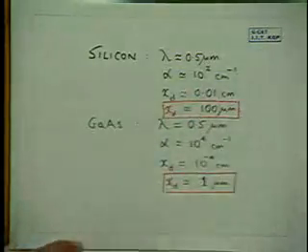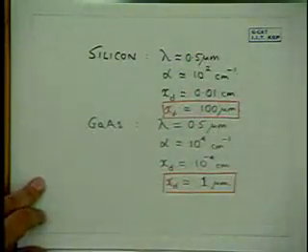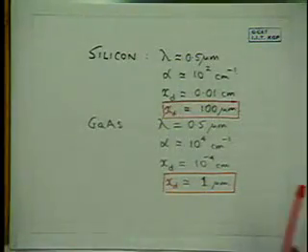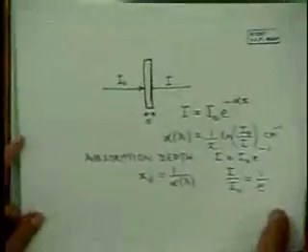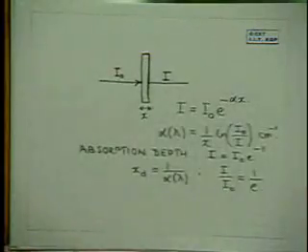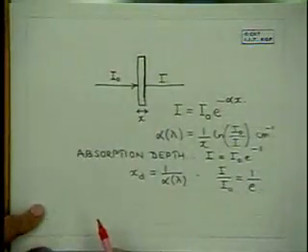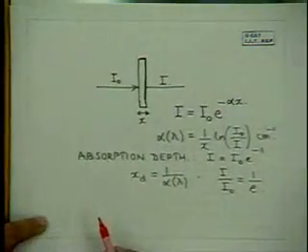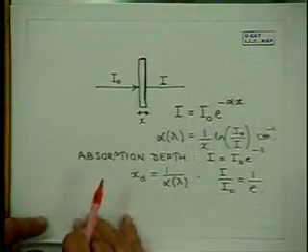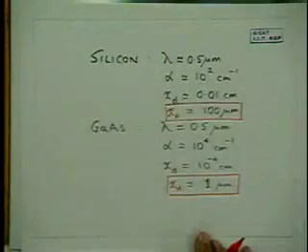So you notice that there is a tremendous difference between the absorption depth x at which radiation is absorbed in gallium arsenide and in silicon. The question that naturally arises is, why is this so?